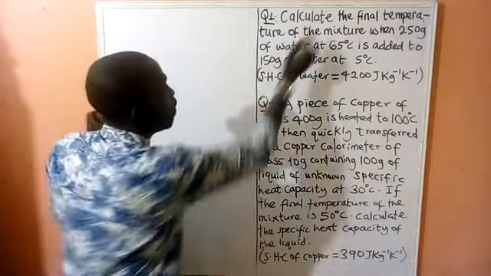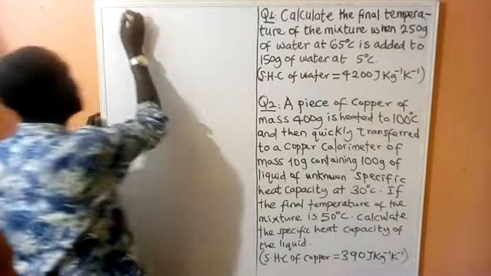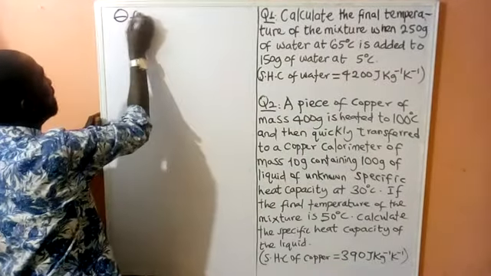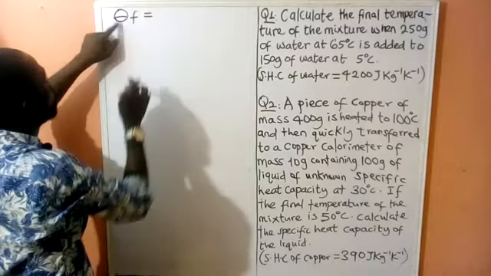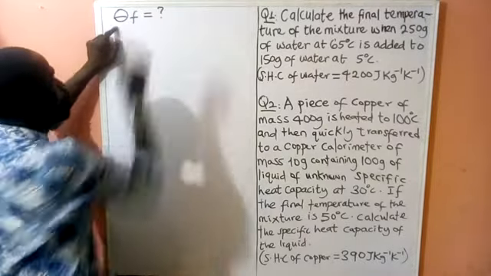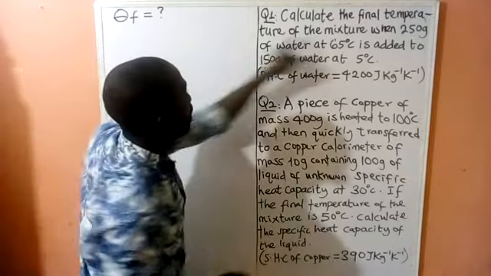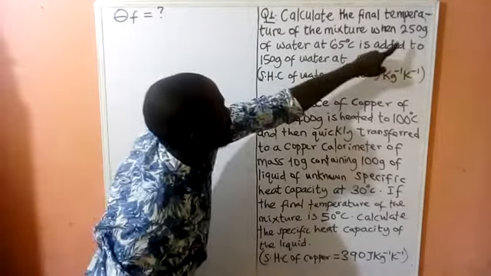So from here, we calculate the final temperature of the mixture. We don't know this final temperature, so let's assume the final temperature of the mixture is theta F, the unknown. The mass of hot water is 250 grams of water.